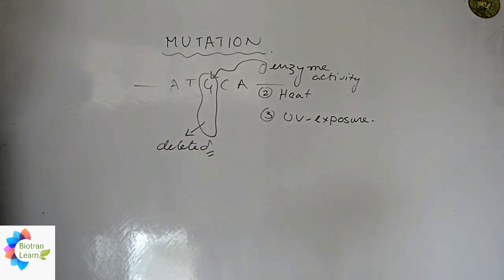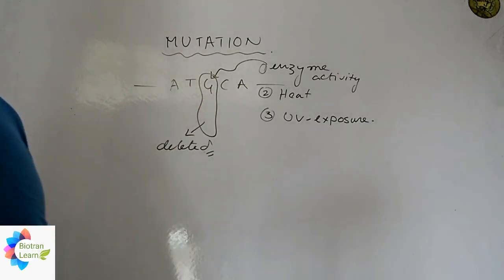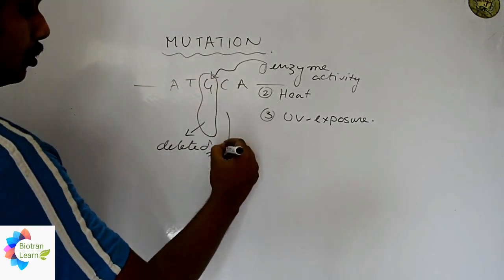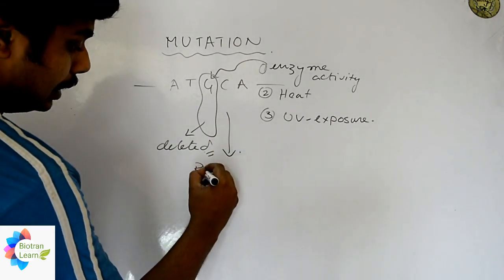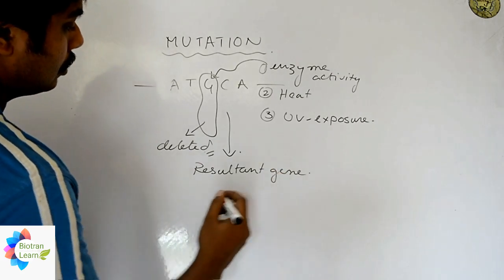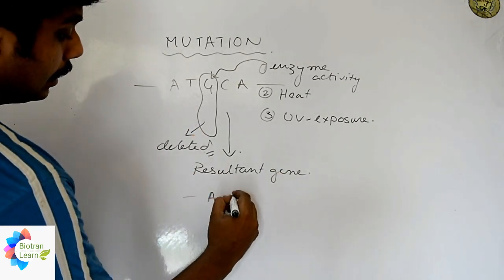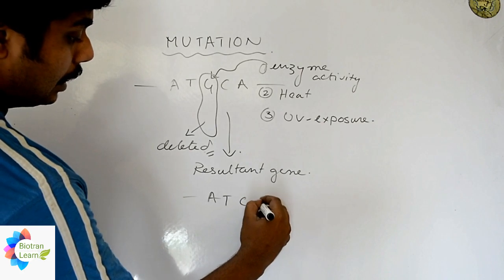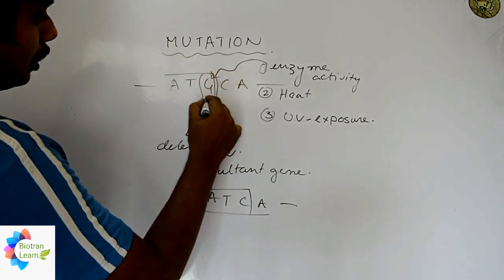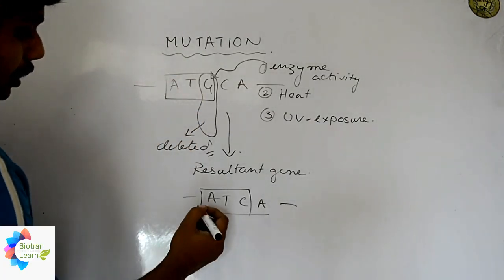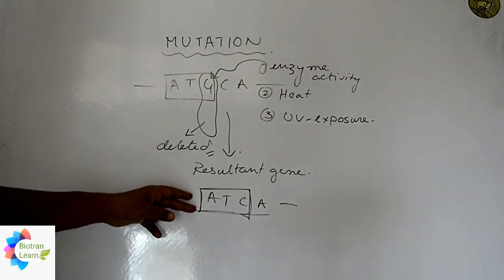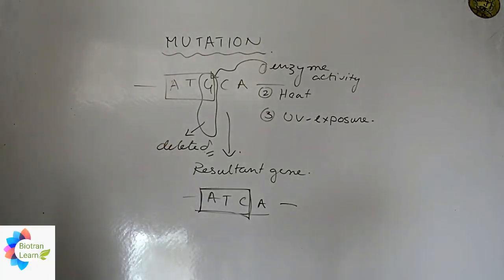Deleted means that particular base vanishes from this sequence. So the resultant sequence will have A, T, C, A. Hence, before we were getting a code ATG, but now we will get a code ATC, which will change the particular sequence.